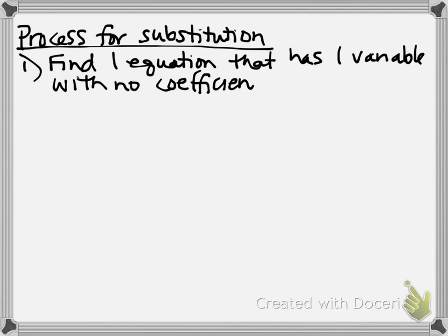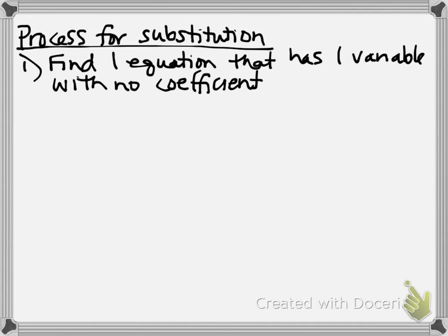Ideally, that variable that has no coefficient is already by itself, like we had x equals 2y. If I had x plus 2y equals 3, what I could do is get x alone by subtracting whatever from both sides. I can alter an equation that has a variable with no coefficient to get him alone. So I can do an extra step if I want to make it substitution.